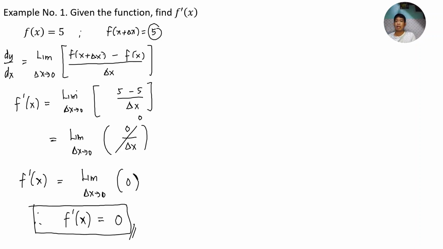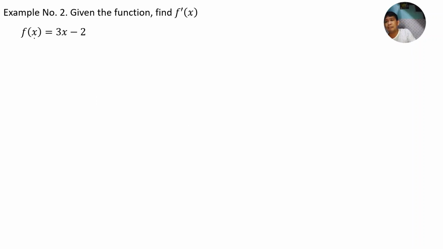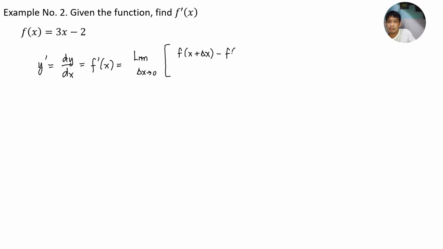Again, you just have to plug it into our definition and then you will get the first derivative. Suppose I have, for example number 2, f of x is equal to 3x minus 2. Again, by definition, y prime, which is the first derivative dy with respect to x, is our f prime of x, is the limit as delta x approaches 0 of f of x plus delta x minus f of x all over delta x.